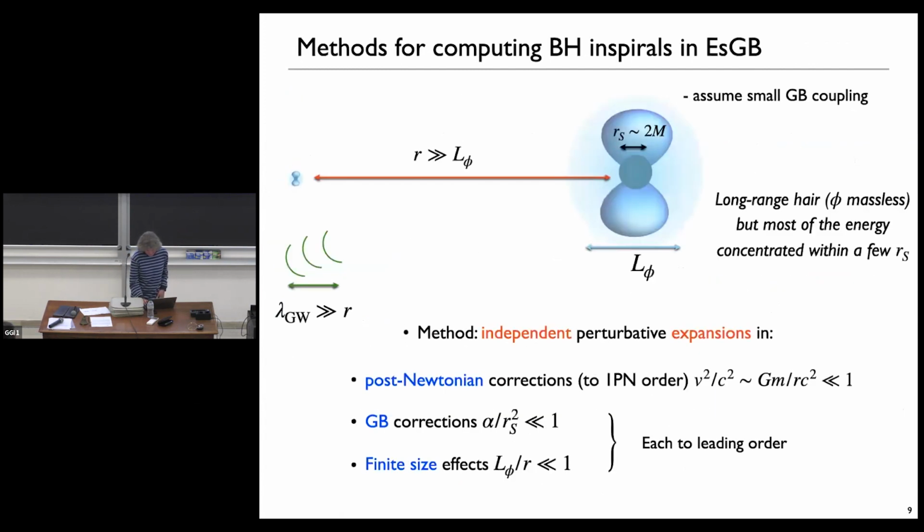But then I said here, well, I say a characteristic scale for the scalar condensate is where about 90% of its energy is concentrated. So far, these are the only scales I've assumed. And I've said that the orbital separation is larger than a few of these Schwarzschild radii.